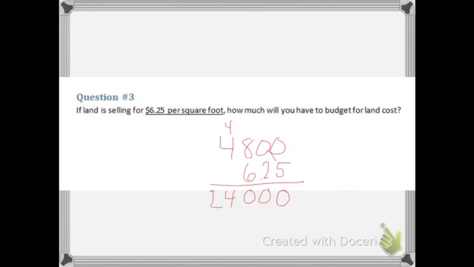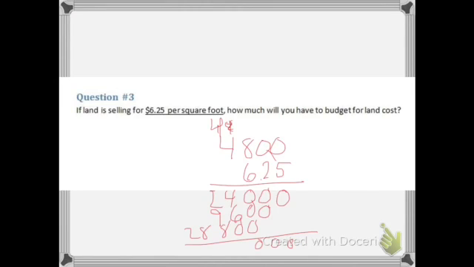I'll try to keep things lined up here. 2 times 0 is 0, 2 times 0 is 0, 2 times 8 is 16, carry the 1, 2 times 4 is 8, plus 1 is 9. 6 times 0 is 0, 6 times 0 is 0, 6 times 8 is 48, carry the 4, 6 times 4 is 24, plus 4 is 28.